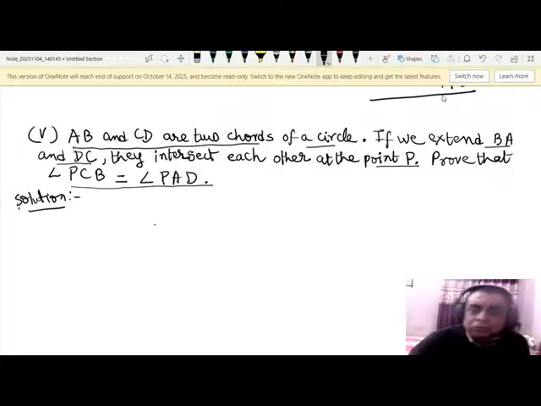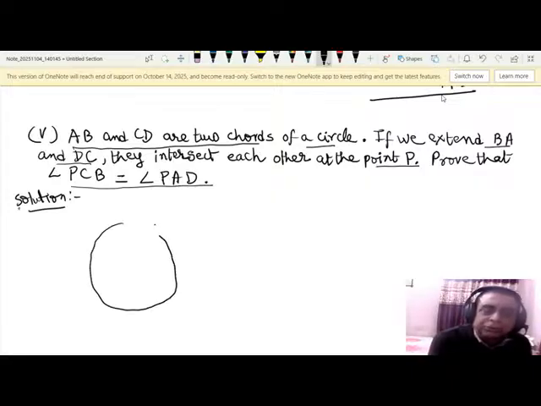First you have to draw a figure here. The figure is not given in the question. These types of questions are all figure based. Without the figure you can't do it. So we are doing it. Here there is one chord AB and another chord CD. So these are the two chords.